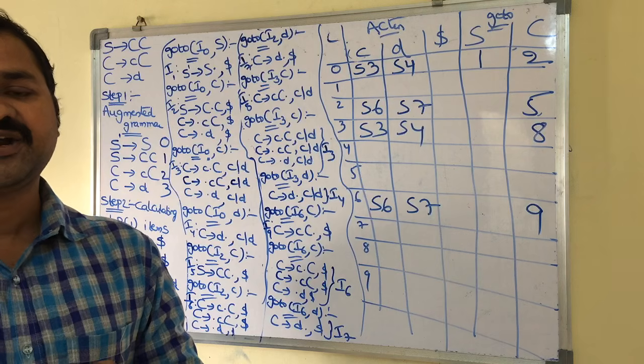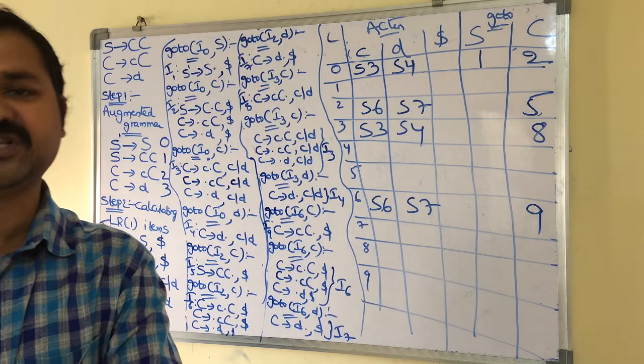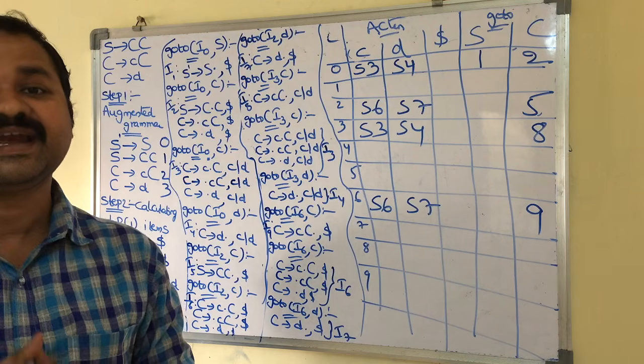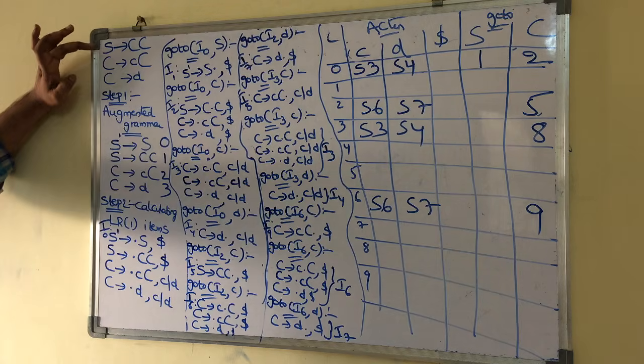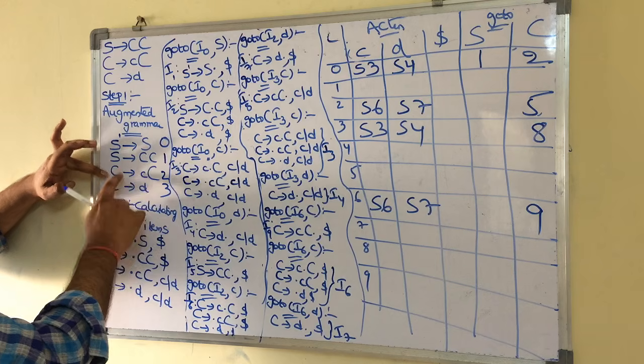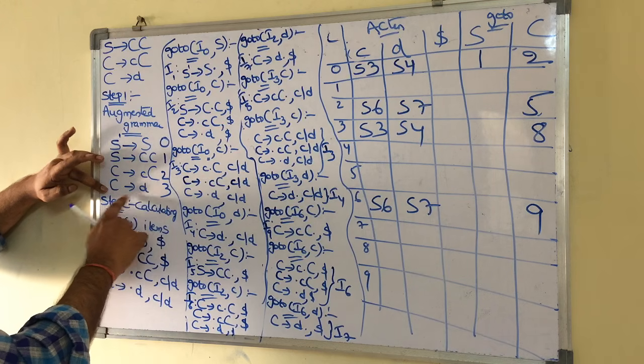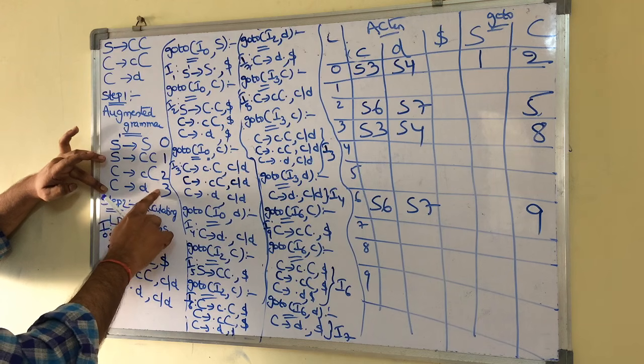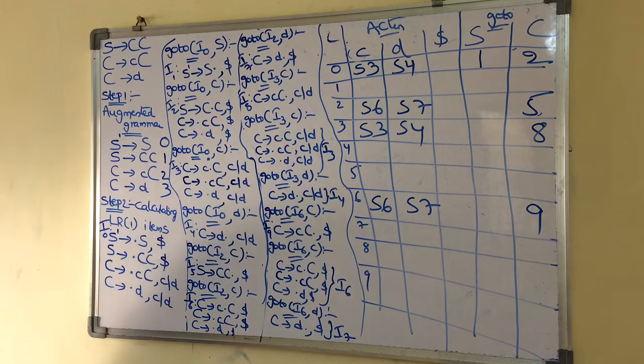Final item means the dot should be present at the right end of the production. So here the final items are S' produces S dot, S produces CC dot, C produces cC dot, C produces d dot.